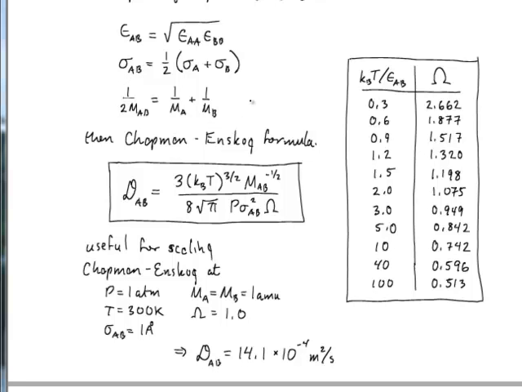And so these parameters all enter into the Chapman-Enskog formula for the diffusivity, which gives this expression here. I won't read it, but the important things are that temperature scales as T to the 3/2, effective mass to the -1/2, pressure to the -1, and the diameter of the collision pair to the -2.